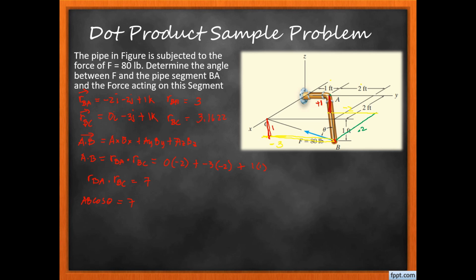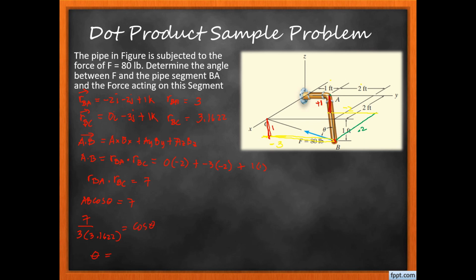So meron tayo ditong 3.1622. Okay. So meron tayong 3 times 3.1622. So meron tayong 7. So 7 divide by 3 times 3.1622 is equals to cosine theta.